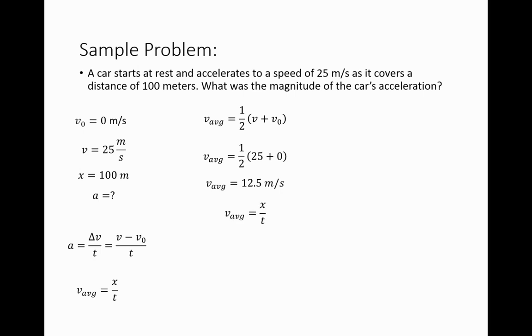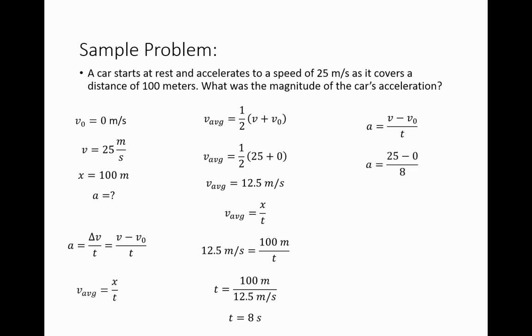Now, I know that that average velocity is the distance traveled divided by the time, and I know that the distance traveled is 100 meters, so now I can solve for the time. The time is going to be 100 meters divided by 12.5 meters per second, which gives me a time of 8 seconds. Now I can plug that into my acceleration equation. I have my initial velocity, a final velocity, and time.